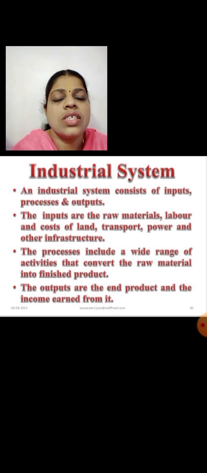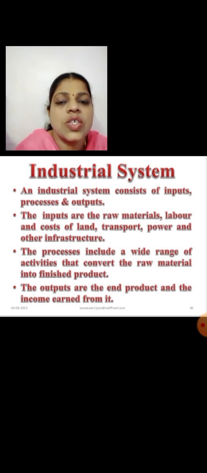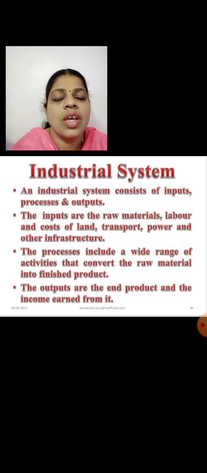An industrial system means it consists of inputs, processes, and outputs. So, here the inputs are the raw materials, labor, and the cost of land, transport, power, and other infrastructure.